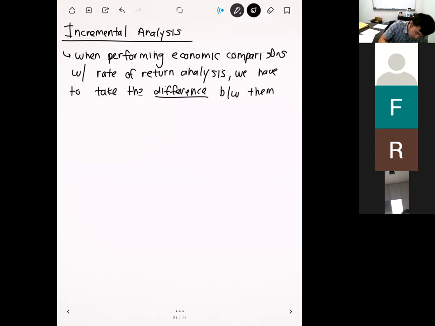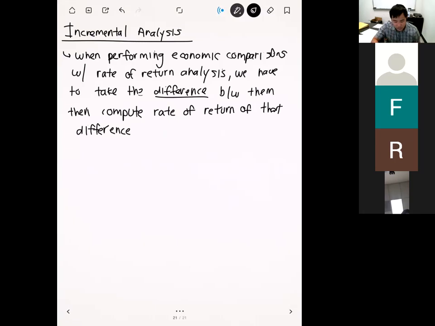What this gives you is a value we call the IRR, which stands for the internal rate of return.